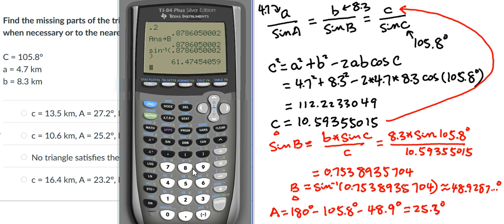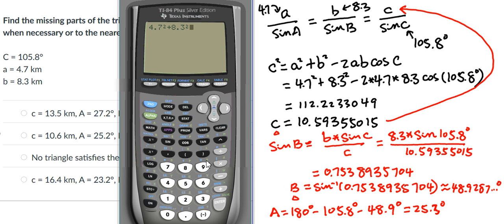Turn on the calculator, clear the screen. You have 4.7 squared plus 8.3 squared.